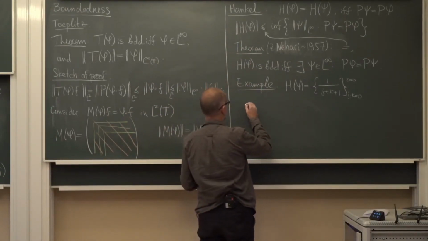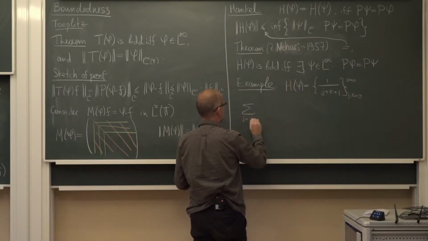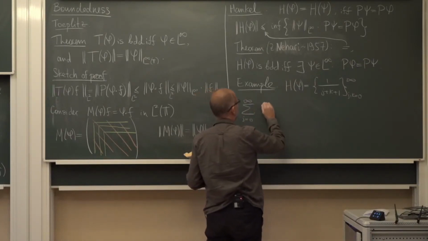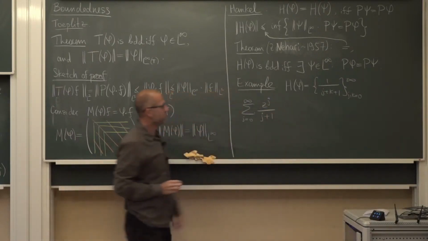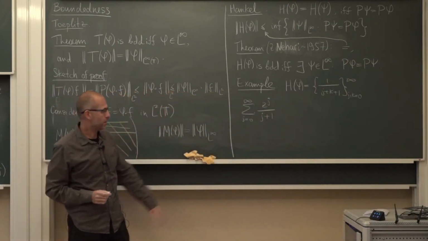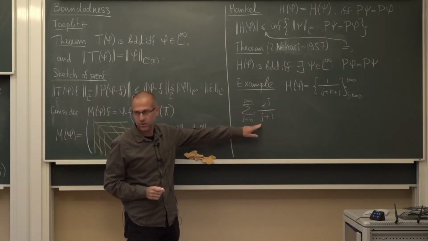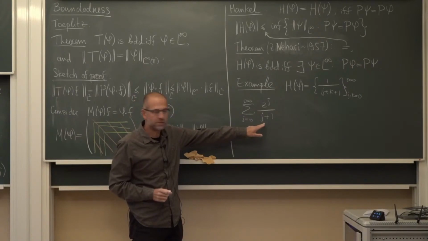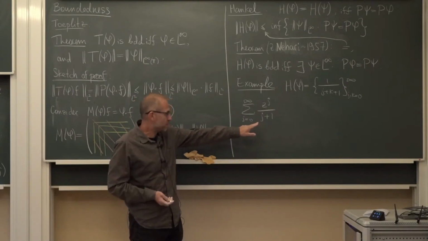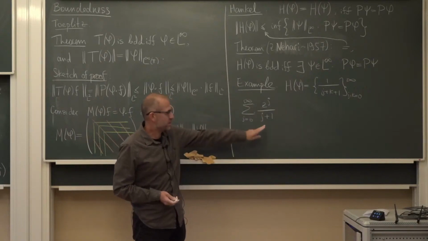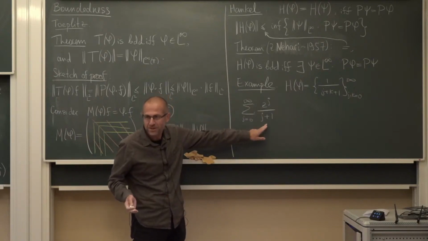So what about the symbol and how does it agree with Nehari's theorem? So we can write down the symbol sort of naively in this way, okay? But we will notice that it's actually unbounded on the unit circle. Indeed, you see that as z tends to 1, we have a singularity. It's a logarithmic singularity. You can easily see it because when you put z equals 1, this series diverges, right?